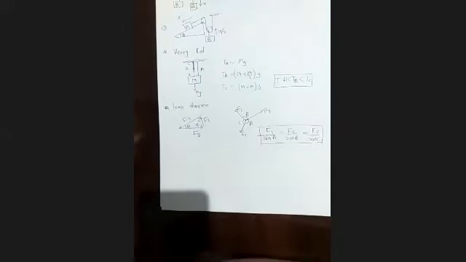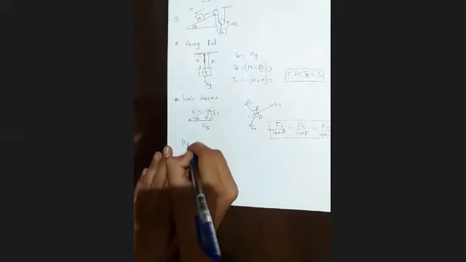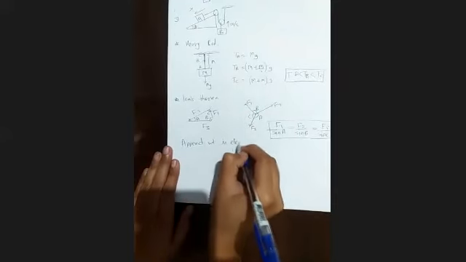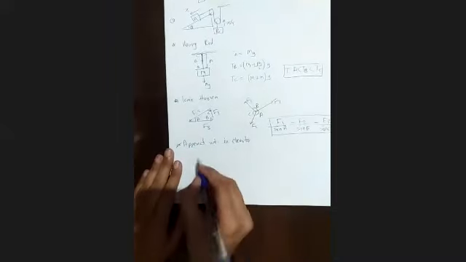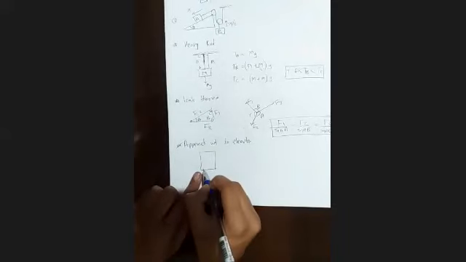So now we will see apparent weight in an elevator. There are three conditions. Suppose this is an elevator.